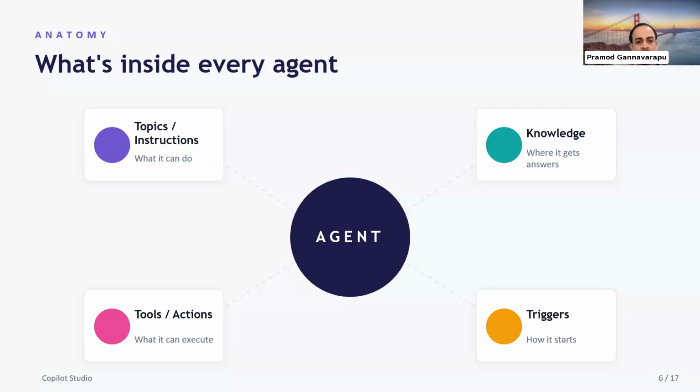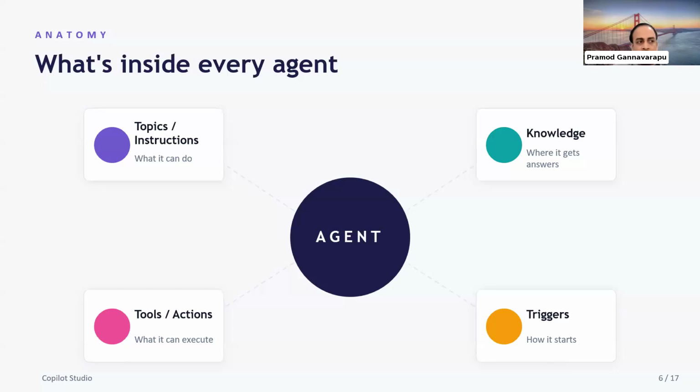Tools and actions is where you're going to add the Power Automate flow, or any other tool, like a ServiceNow connector, or the Entra connector to perform a certain task within Entra.